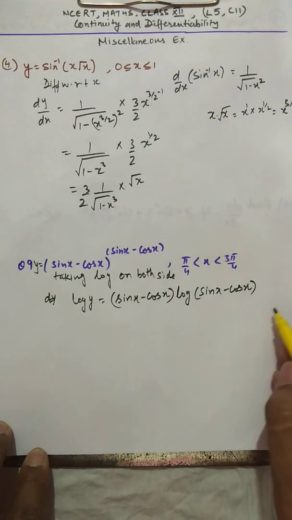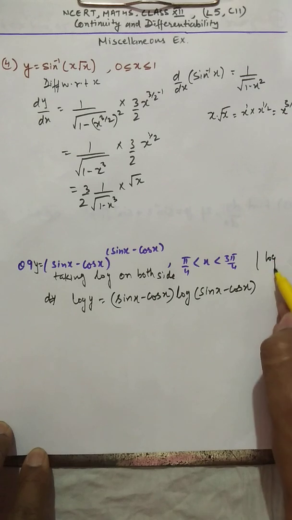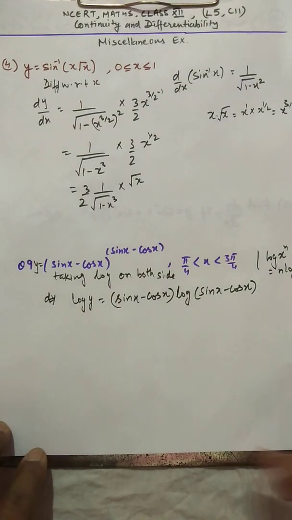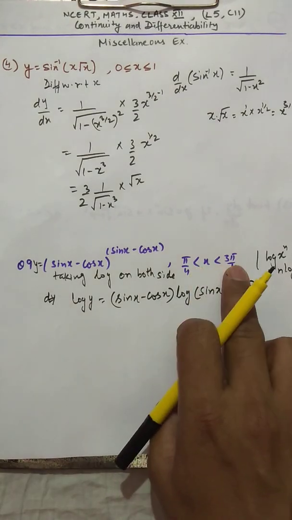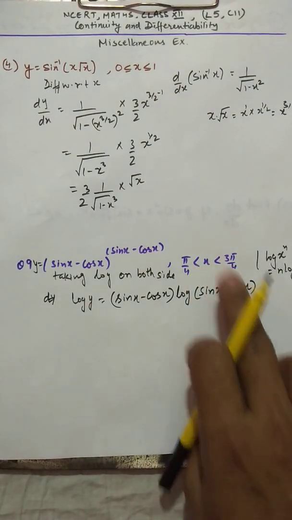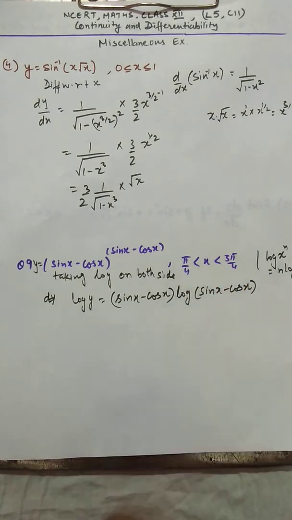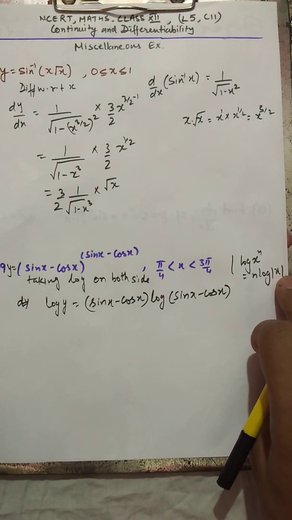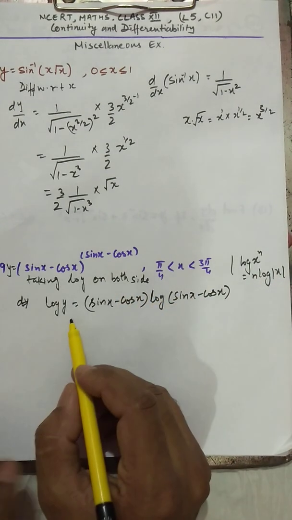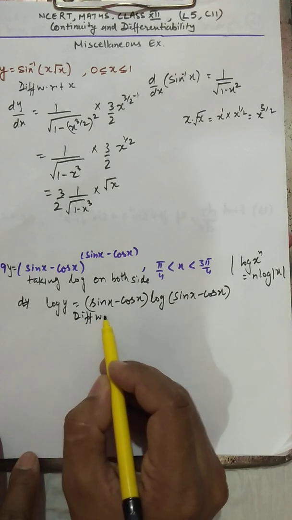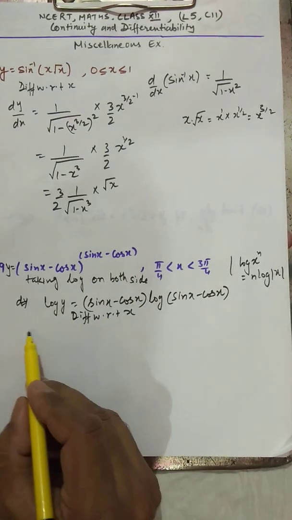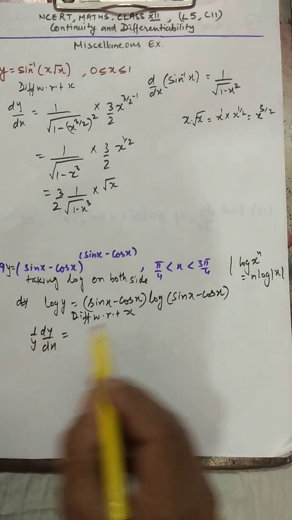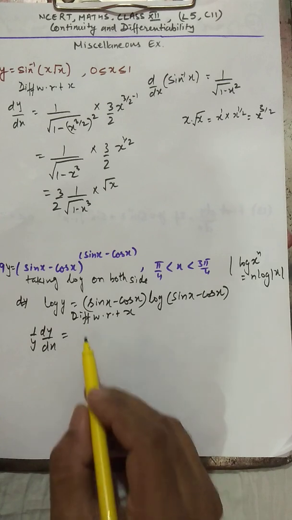And I'm using this rule, I'm mentioning here on the side, that log x to the power n is equal to n log mod x. There is no need to mention mod here, because in this interval sin x minus cos x will be positive, so it will work. Now we differentiate this with respect to x, so this becomes 1 upon y dy by dx, and you have to apply the product rule.